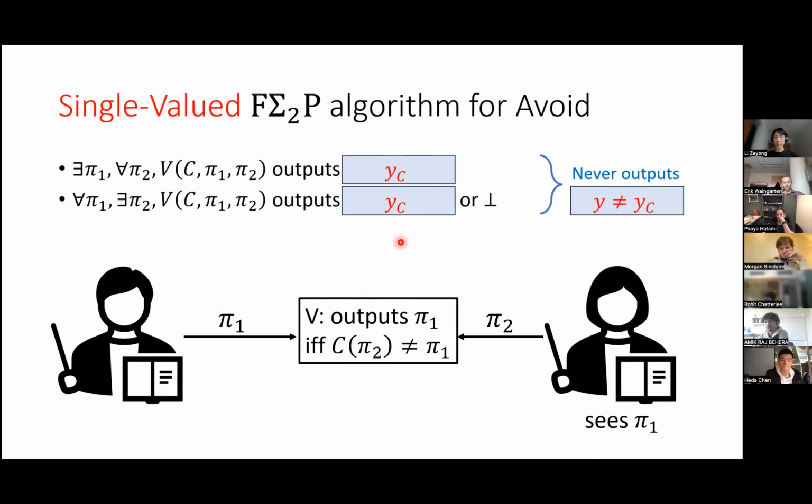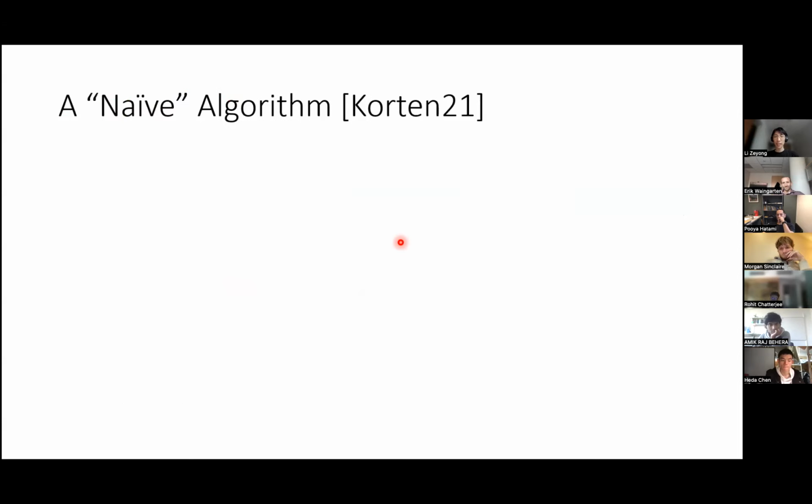So here's the end of the appetizer. Let's go on to actually build a single valued algorithm for range avoidance. As a starting point, we'll start with a quote-unquote naive algorithm from Cotton. From now on, we are going to work with circuits that map from n bits to 2n bits.